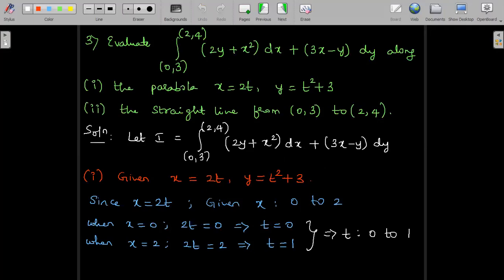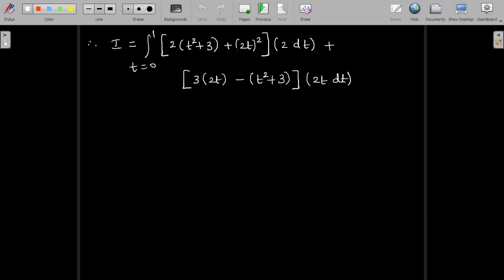Since x is 2t, dx will be equal to 2 dt and dy will be equal to 2t dt. 3 is a constant, its differentiation goes to 0, and t square differentiates to 2t into dt. With respect to t we are differentiating. So dx will be 2 dt and dy will be 2t dt. The same thing we have substituted here: 2 dt and then 2t dt.